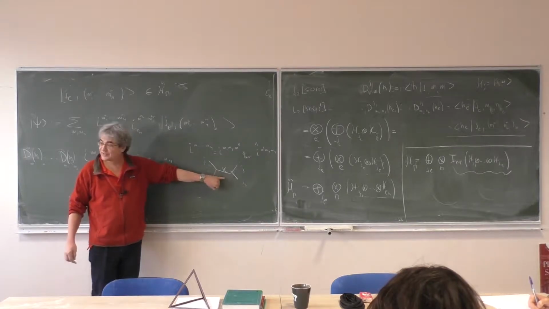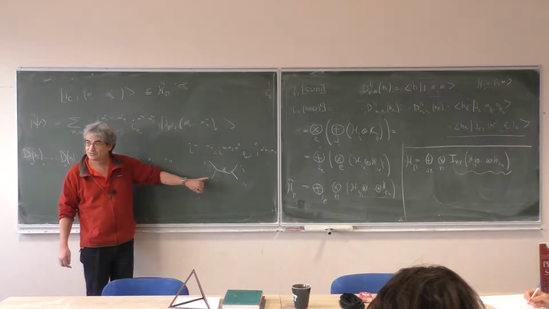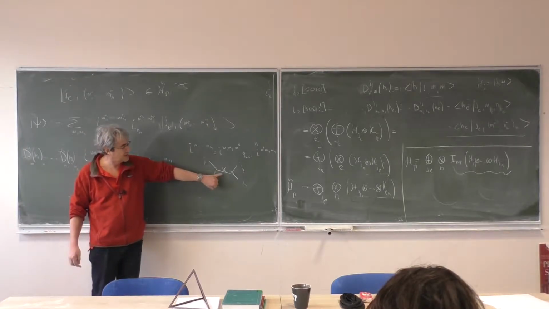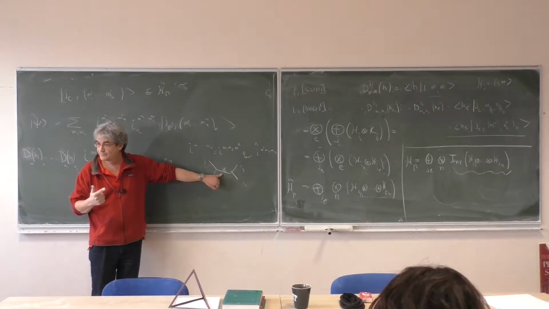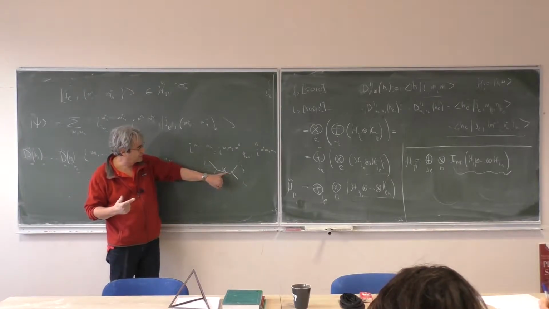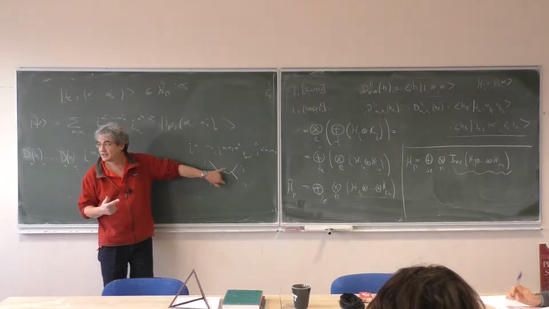It's standard angular momentum composition. For instance, if I have 1/2, 1/2, here I can have either 0 or 1. It's only 2. So I have 2 possibilities.